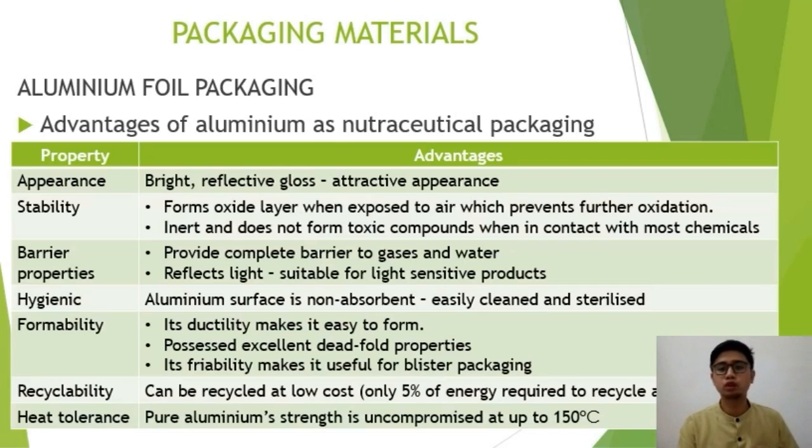Similar to glass packaging, aluminium packaging also provides a complete barrier to gases and water, which is suitable for packaging air or moisture sensitive products. It is also suitable as a packaging material for light sensitive products since it reflects light, so it can hinder the light from coming into contact with our product.